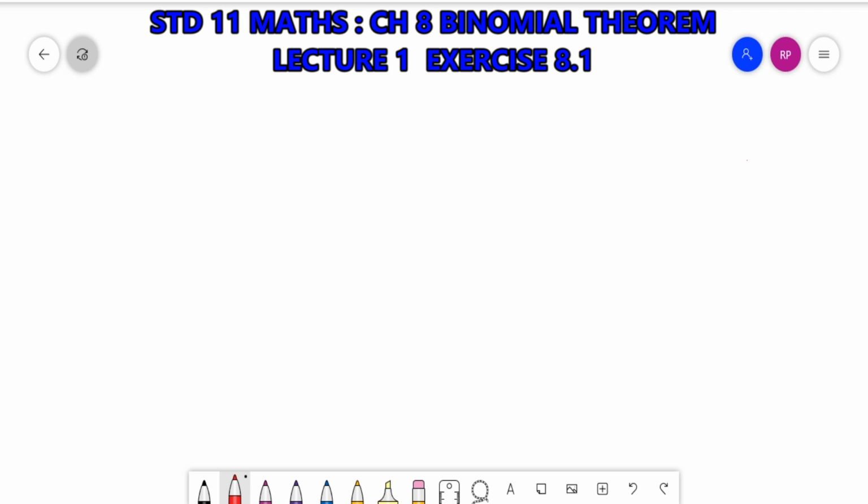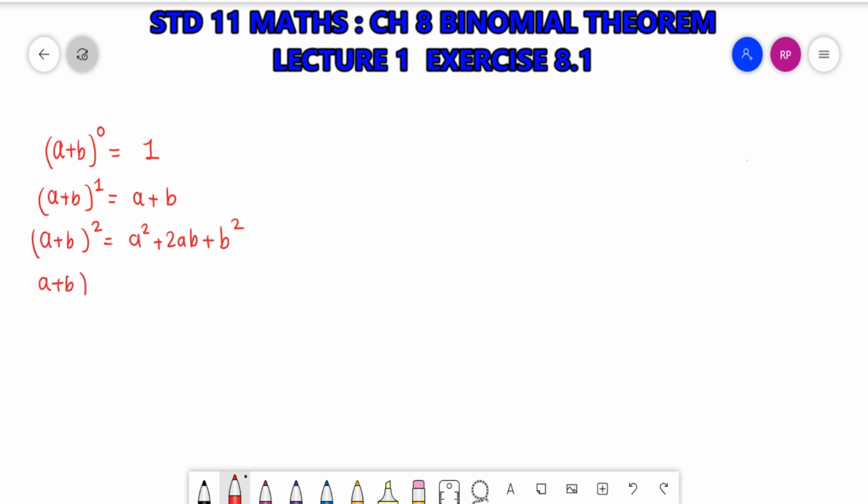Now, if we see (a plus b) whole raised to 0, then this will be equal to 1. (a plus b) whole raised to 1 will be equal to a plus b. (a plus b) whole square will be equal to a square plus 2ab plus b square. (a plus b) whole cube will be a cube plus 3a square b plus 3ab square plus b cube.